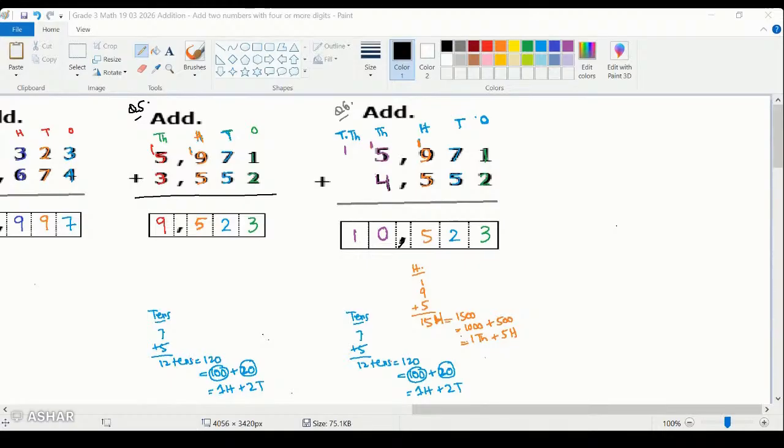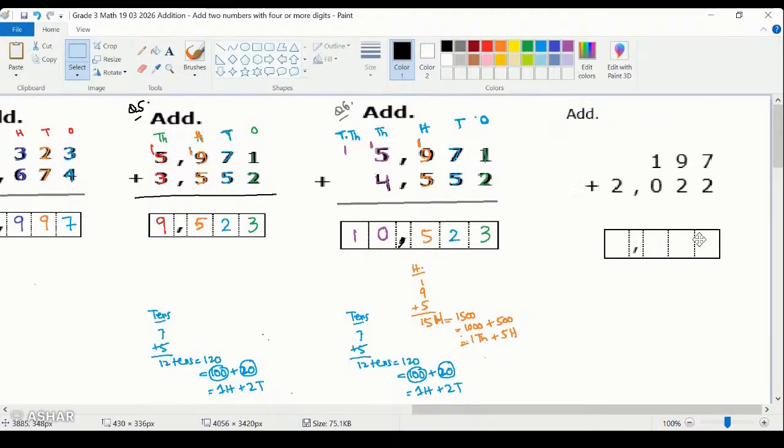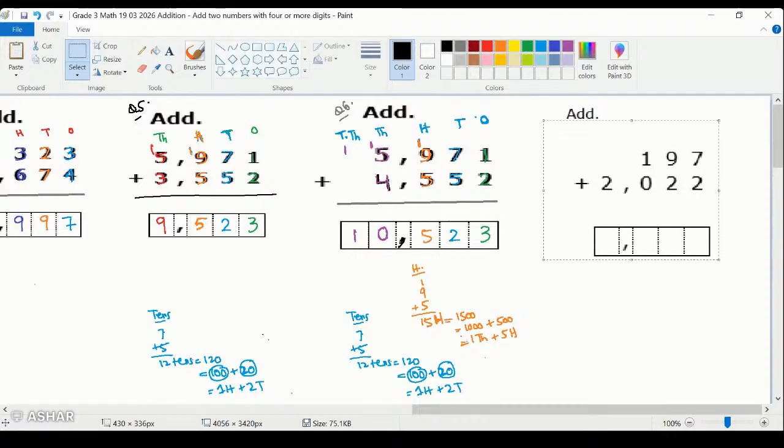Next question, they are saying add these two numbers. Question number 7. Let's add these numbers together.